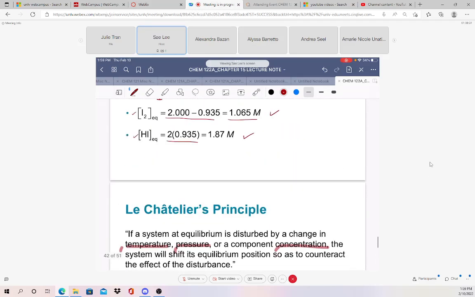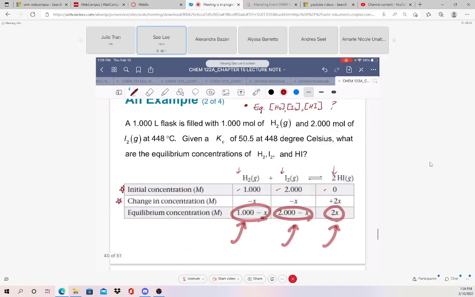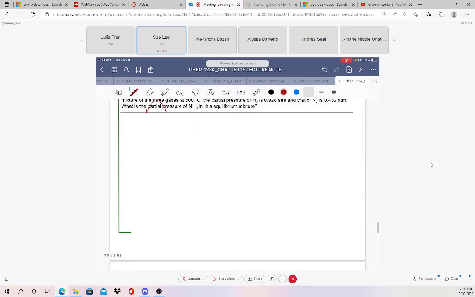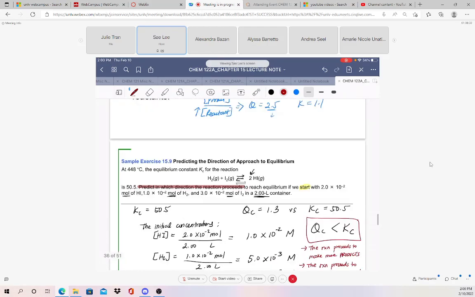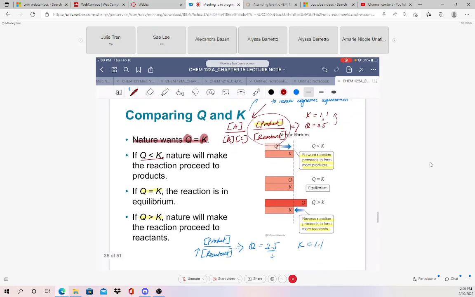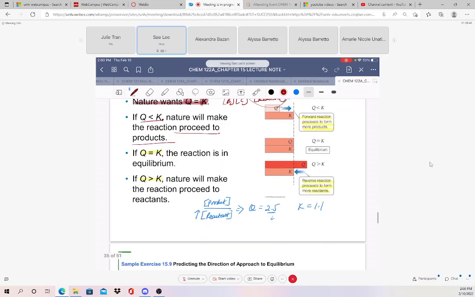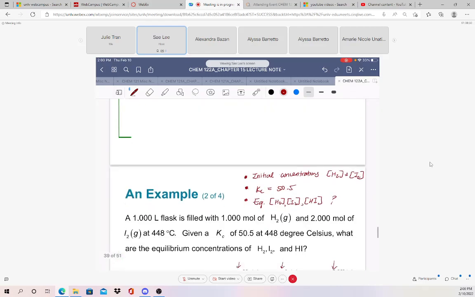If Q is smaller than K, the reaction proceeds to product, right? Therefore, the reaction shifts to the right, and we can make more ammonia, and we can make more money.